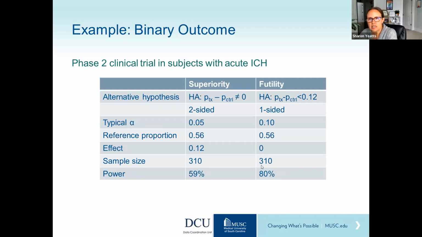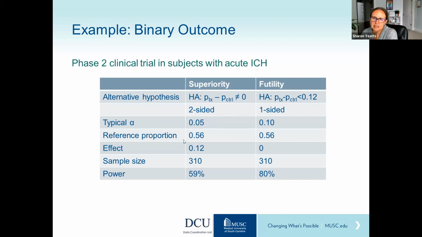So if we're thinking about, again, this phase 2 clinical trial, in a superiority standpoint, the alternative hypothesis is that the treatment effect is not equal to 0, right? This is a two-sided hypothesis. The typical alpha level that one might assign is 0.05.